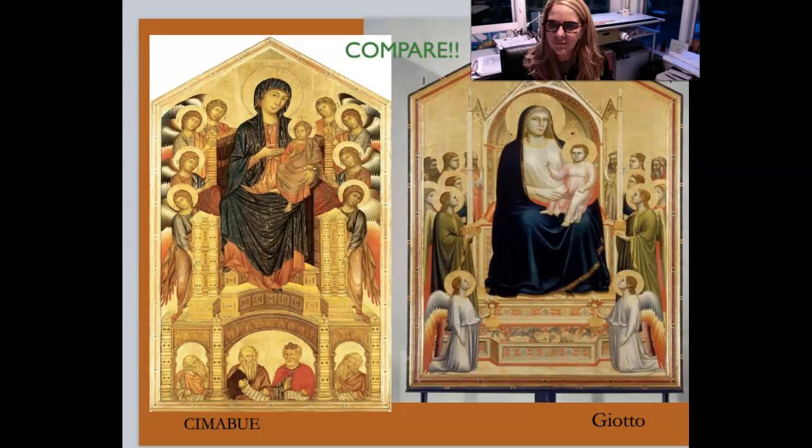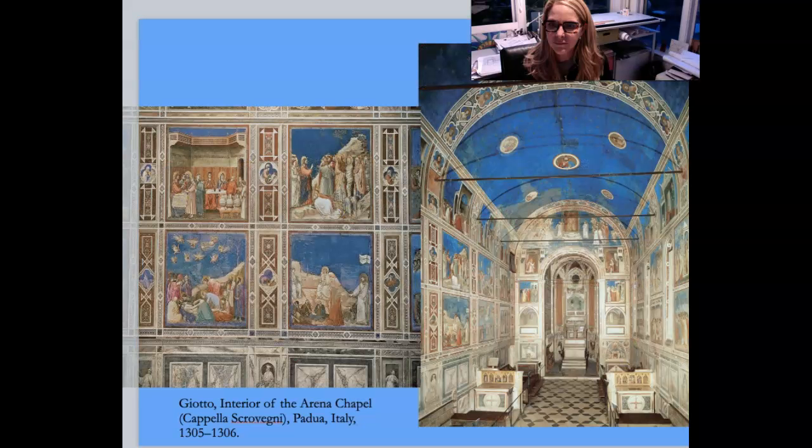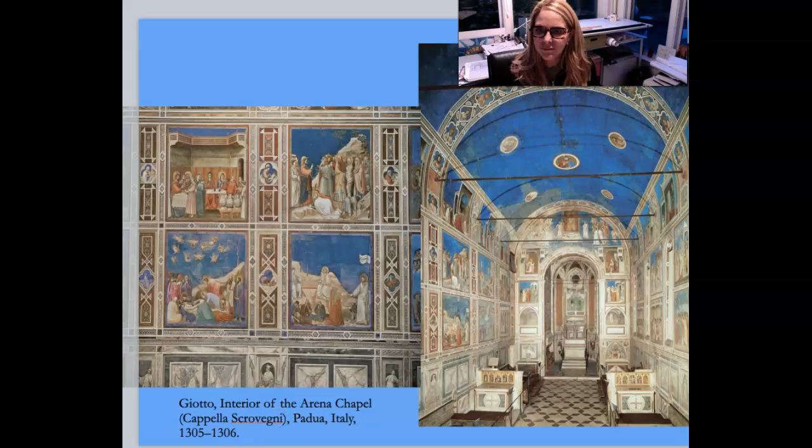We're going to move on now to looking at some more of Giotto's works, and particularly we're going to look at this beautiful chapel that he paints for a wealthy patron, and it is called the Arena Chapel, or Cappella Scrovegni, because the name of the patron who he does it for is Mr. Scrovegni.